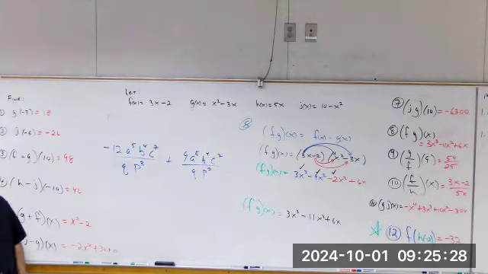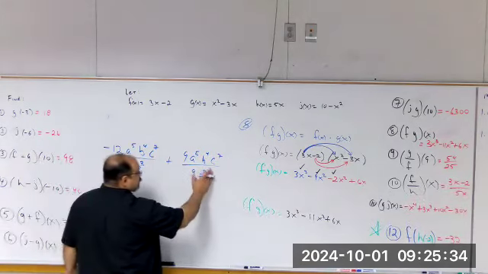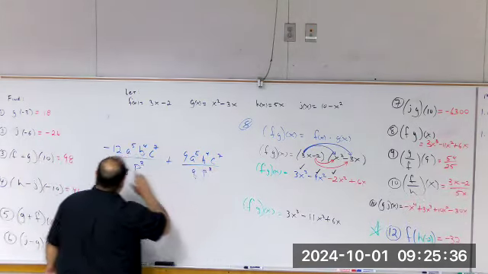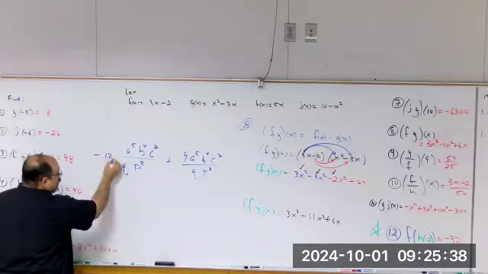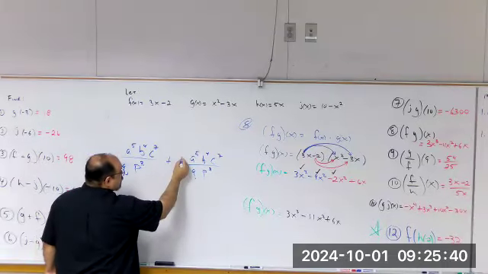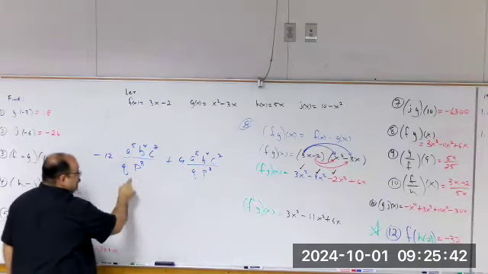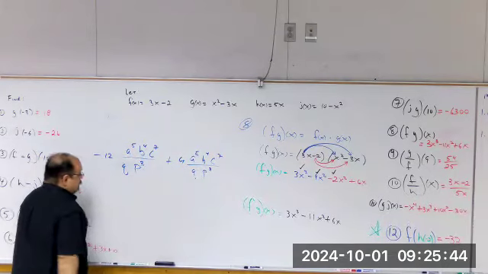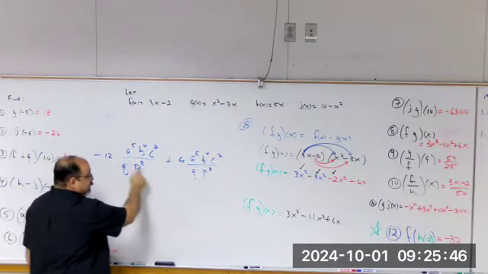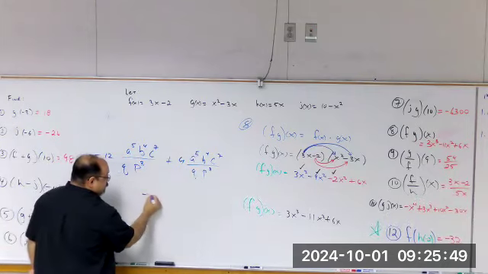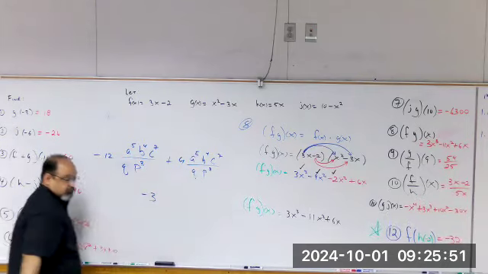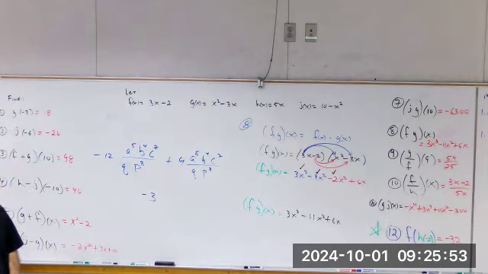Not like terms. All the variable parts have to be exactly the same. But if this was a p to the 3rd, then what I have is negative 12 of those and positive 9 of those. They're exactly the same kind of thing. It's like saying I have negative 12 blue pins and positive 9 blue pins, so that's negative 3 blue pins. If they're exactly the same kind of thing. So the variable parts have to be exactly the same kind.